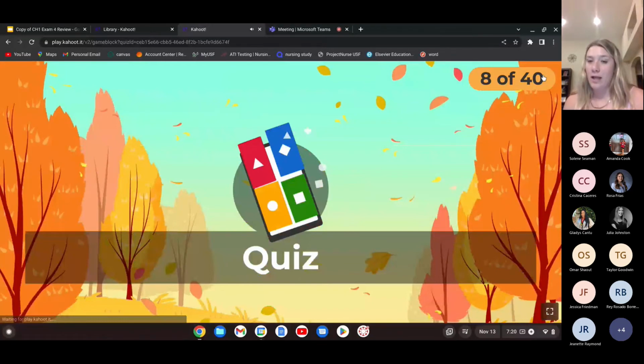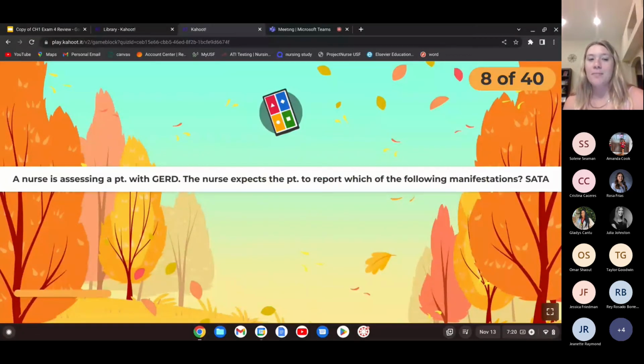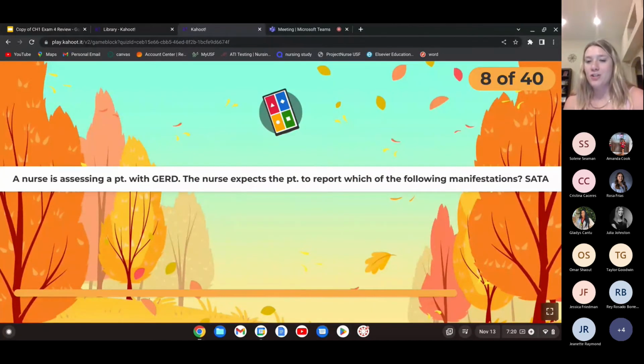This one is a select all that apply. A nurse is assessing a patient with GERD. The nurse expects the patient to report which of the following manifestations.